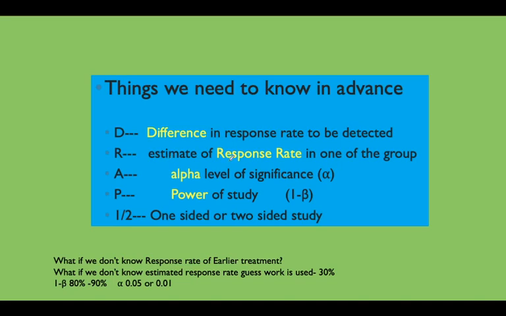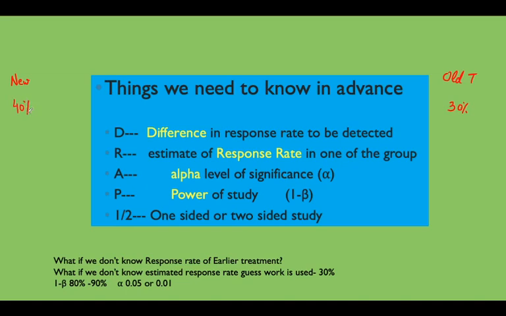Now, the estimated value of the response rate in one of the groups. If we are talking about a new treatment versus an old treatment, let's say the earlier treatment cures 30% of individuals, and our proposed treatment cures 40% of individuals.